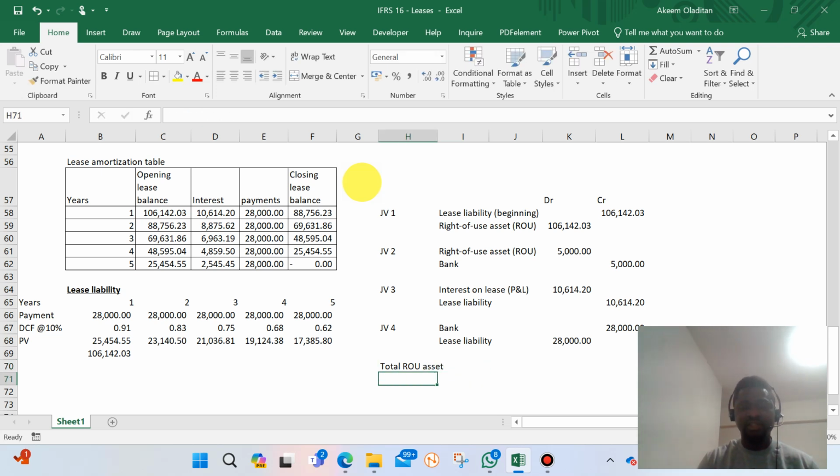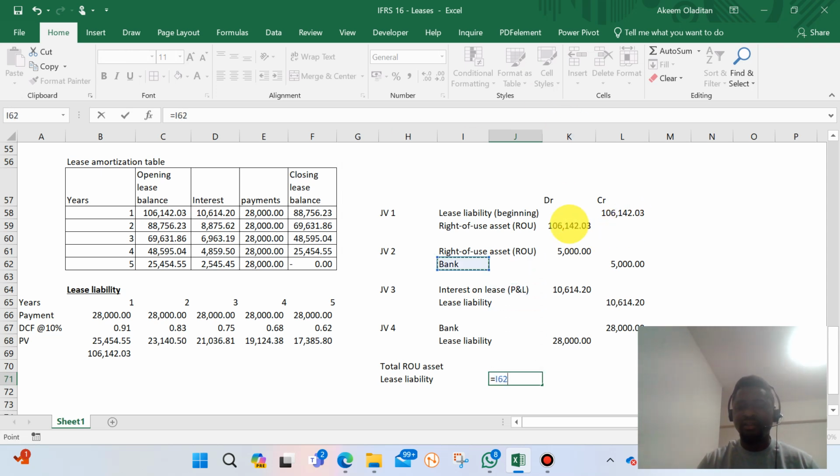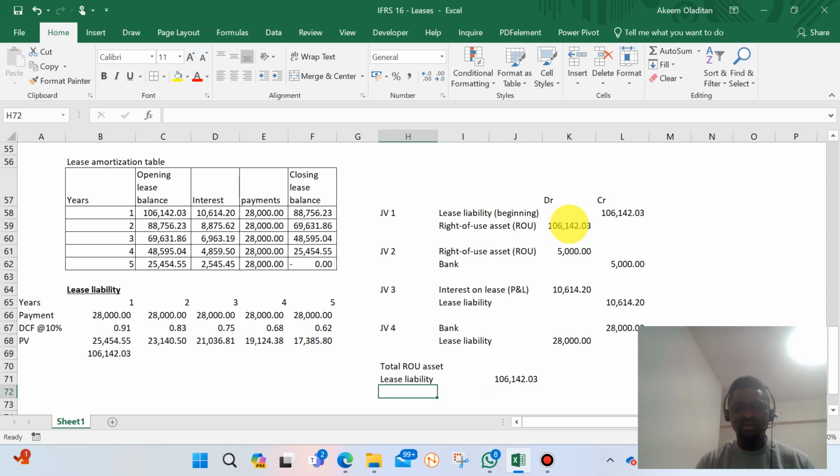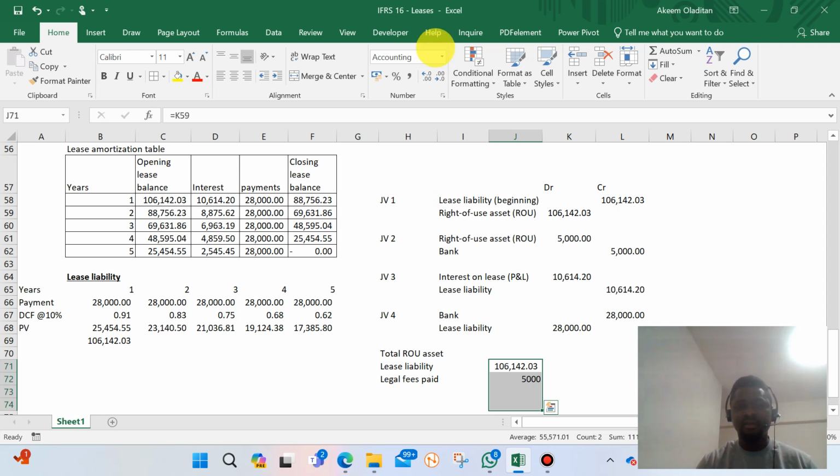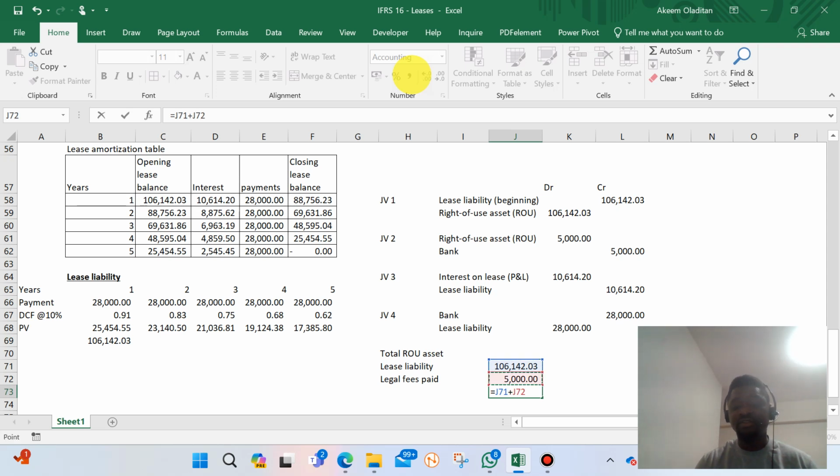Now we have the lease liability of the 106 that was posted here, plus legal fees paid, which is the 5,000, right? So we had it together because we need to also look at the subsequent measurement of the right of use. So initial measurement, we know. The subsequent measurement will now have to look at what I made mention.